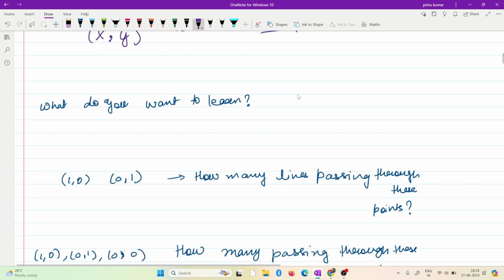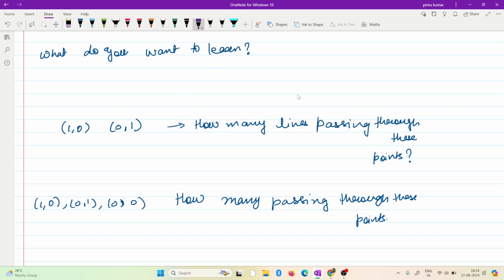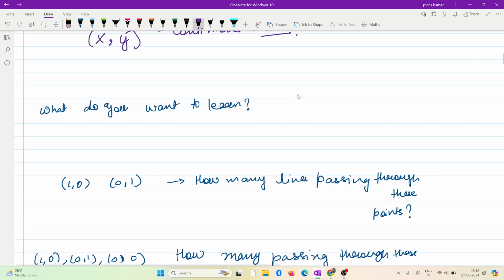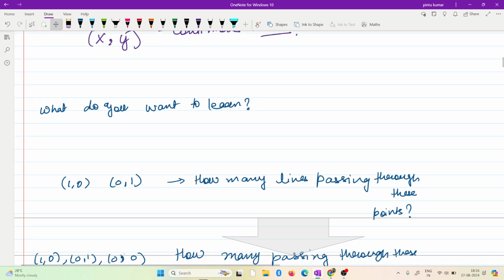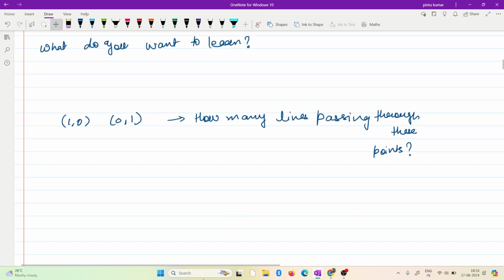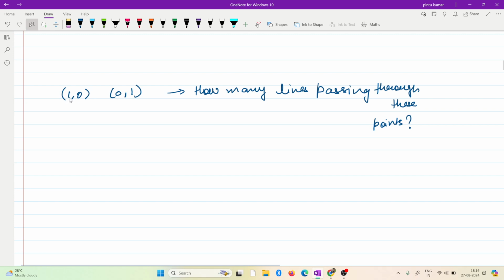Okay, so let's start this way. Let's say you have two data points. The first value represents x, and this represents your y. Let's say we plot these points.